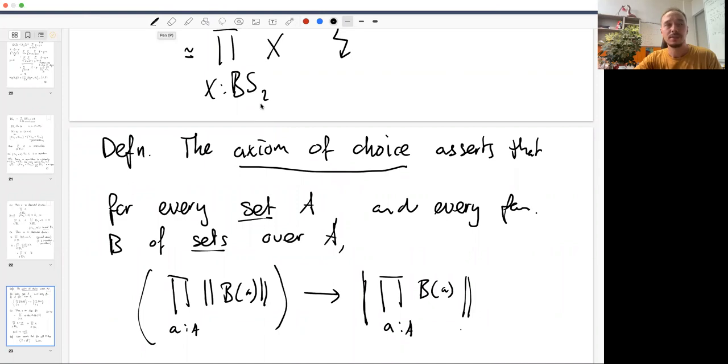But I'm not sure if people really have investigated those questions very seriously. So it's mostly open territory. Of course, in topology, products of connected spaces are connected.